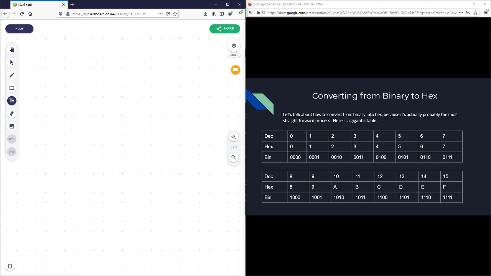Okay, so now what if we want to convert backwards? Instead of converting from hex to binary, what if we want to convert from binary to hex? Well, as it turns out, it's the same table.